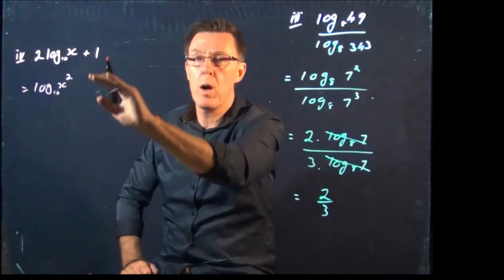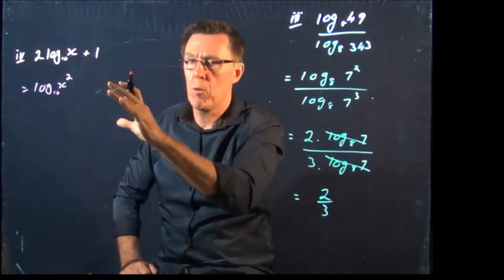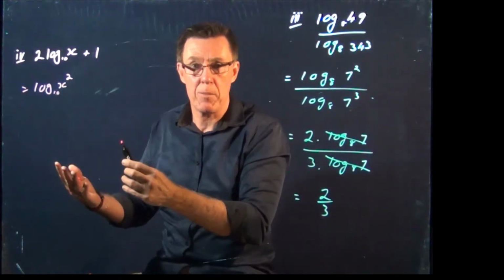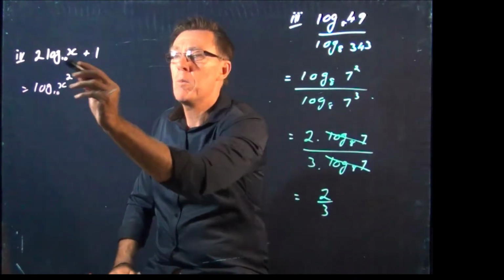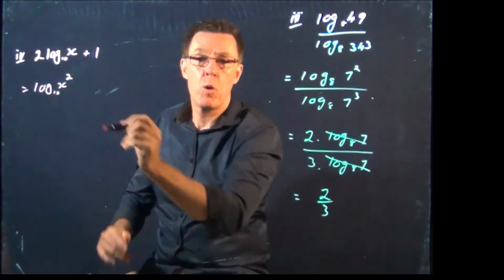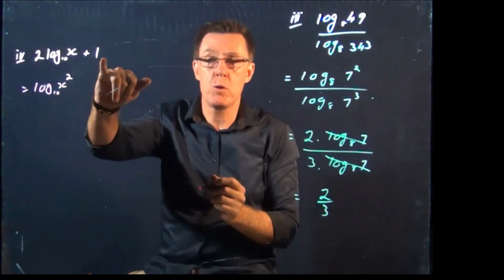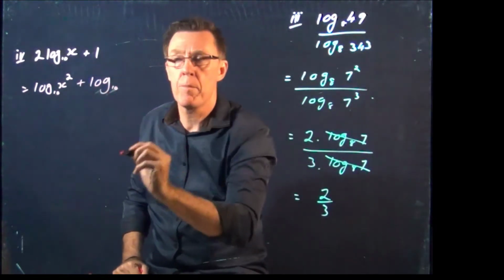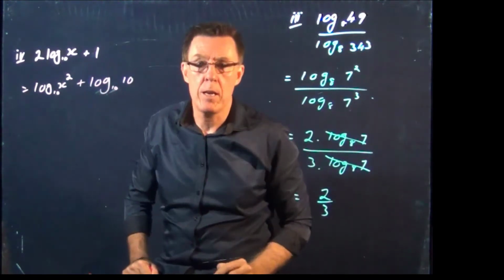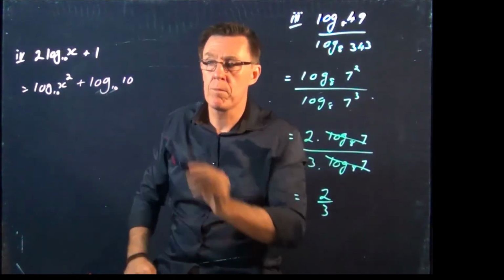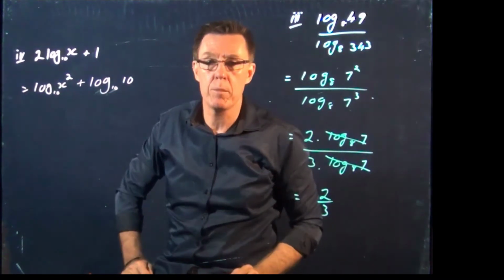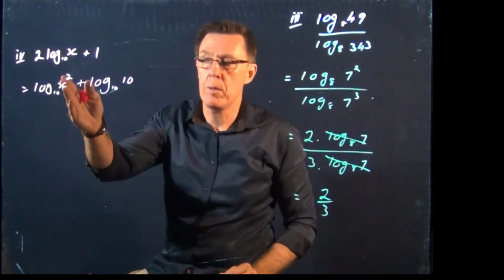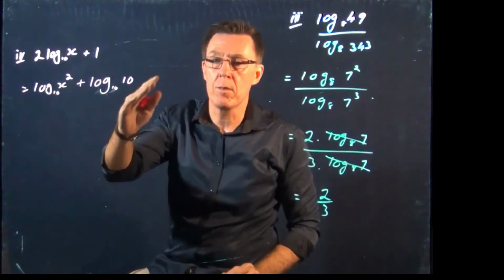Now, this 1. We're dealing with log laws, so somehow if I can convert this 1 back to a log, well, I know I'm dealing with logs base 10. Do I know anything when I take logs base 10 to produce a result of 1? Yes, I do. I know if I do log base 10 of 10, that gives me an answer of 1. So that gives me the 1 up there. And now look what I've got: the log in base 10 of some number plus the log in base 10 of another number.